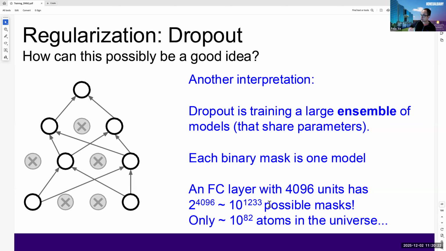So essentially we're training that many models at one time. This is even way more than the atoms in the universe. So we are using this dropout strategy to train that many models at the same time.